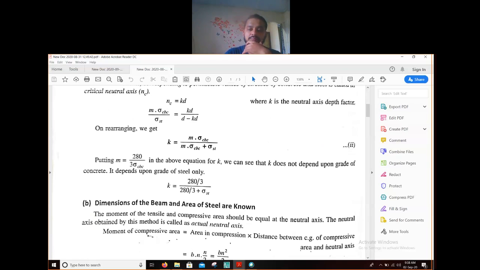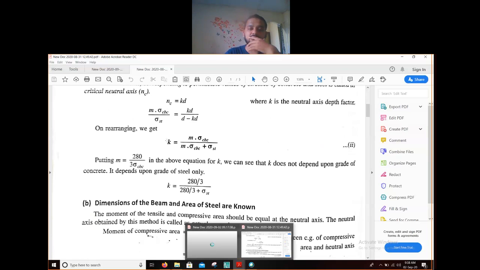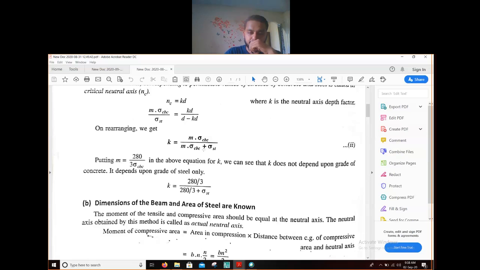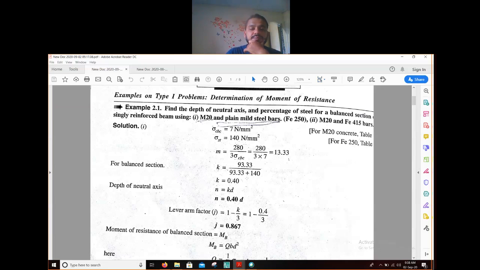You can see the value here. For a balanced section, K is 280 divided by 3, divided by 280 by 3 plus sigma st. Here 280 by 3 is 93.33, plus the sigma st value of 140. In this way we can find out the value of K.